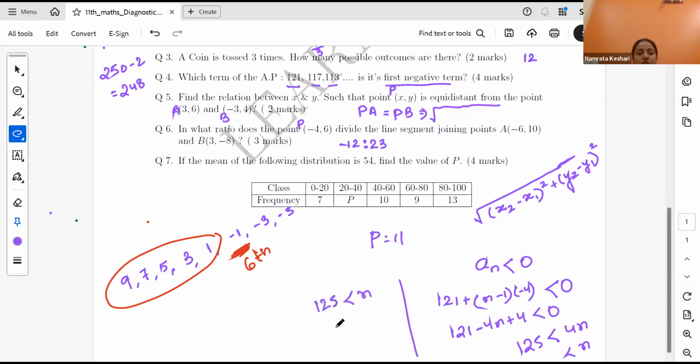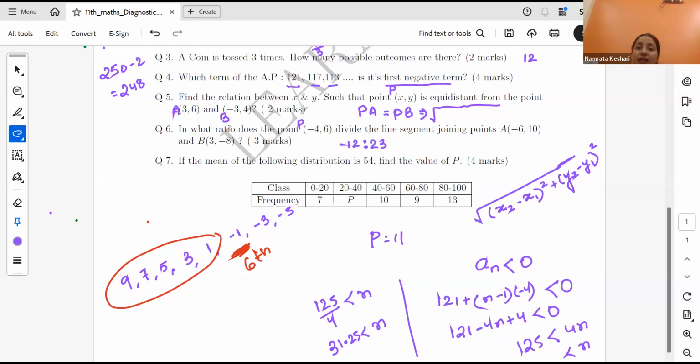31.25. So you are telling me that n is bigger than 31.25, right? But n is the placement. I cannot say that one of the students' roll number is 31.25, or that one of the students got rank 31.25 in the class, because n is a placement and can't be a decimal, right?